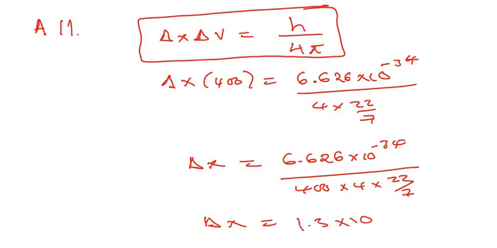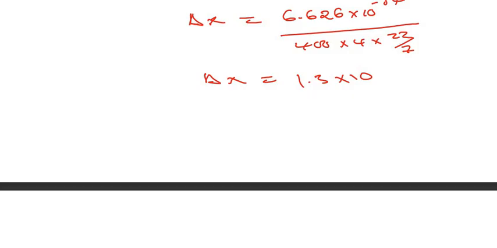The final thing I'm getting here is 889 times 10 to the power negative 12. So this is in meters per second, is it? Because here we are going to multiply this by the mass, which is the mass given there on A9, 1.67 times 10 to the power negative 27.